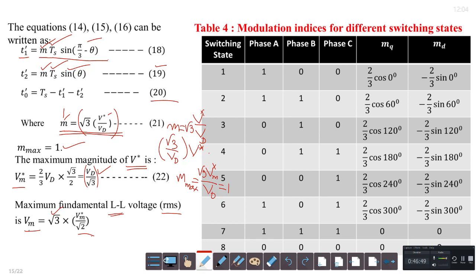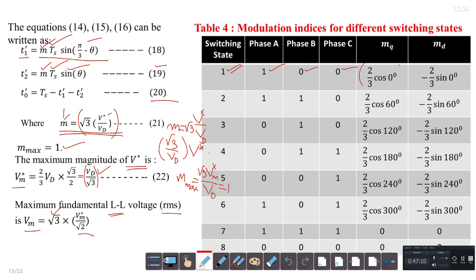Let us write, first for switching state V1, that is 1 0 0. It has the component MQ along the Q axis, which is horizontal, so the angle is 0.